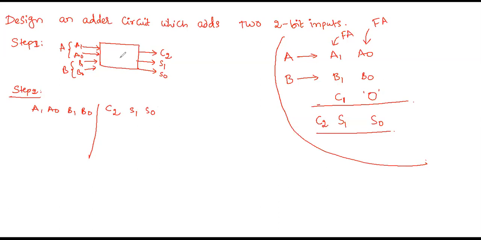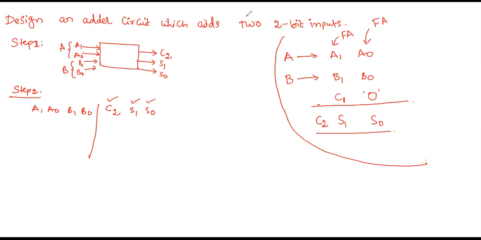To draw the internal circuit, you have to follow the truth table. After defining the truth table, you find the expressions for C2, S1, S0, then draw the circuit diagram. This is one method. Already we know this step 1, step 2 process.